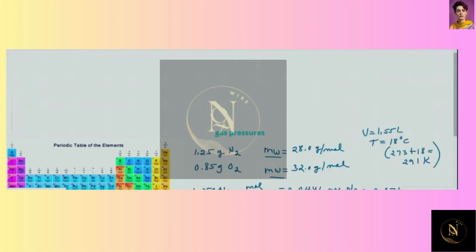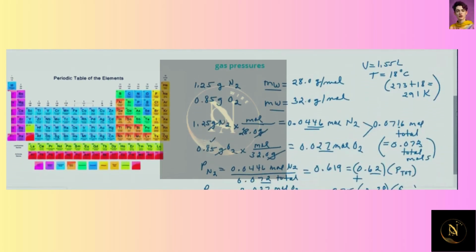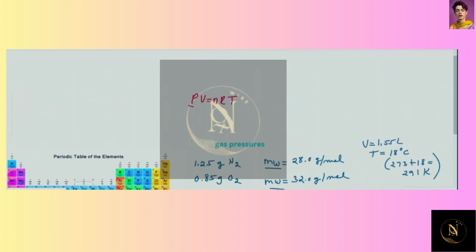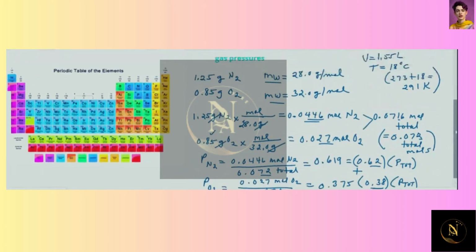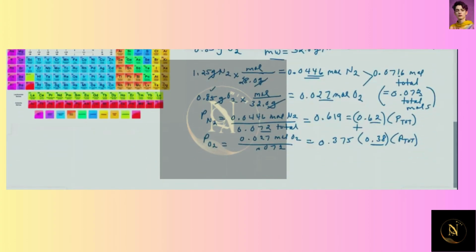The next part of the question is utilizing the information available along with the ideal gas law to determine the total pressure of the system. We're going to solve for P. The total number of moles of gas is the 0.072 moles we determined.